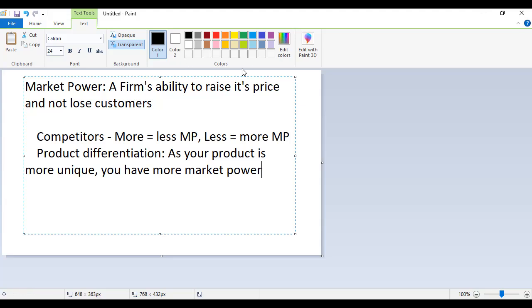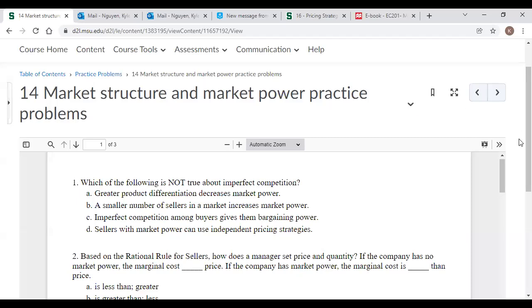So with all that in mind, let's go back to the question. Which of the following is not true about imperfect competition? Greater product differentiation decreases market power. This is not correct because it's the opposite. If you have greater product differentiation, it increases your market power. You get more market power because your product is very special and unique.